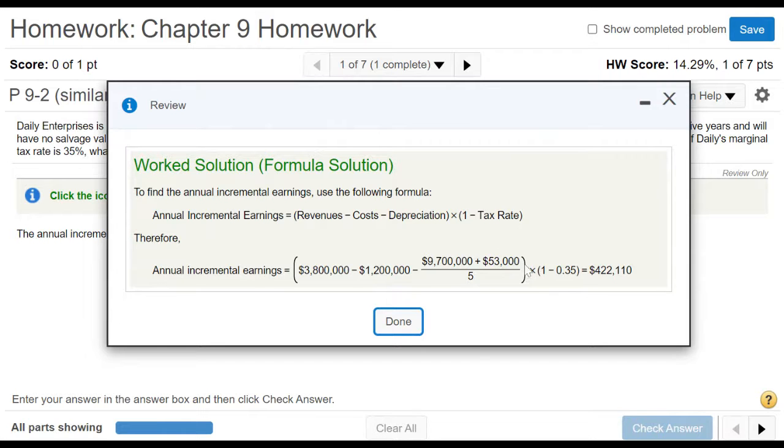Then the answer you get, in parentheses, you say times 1 minus 0.35, which is 0.65. So the answer is 422,110. That's it. That's the answer.